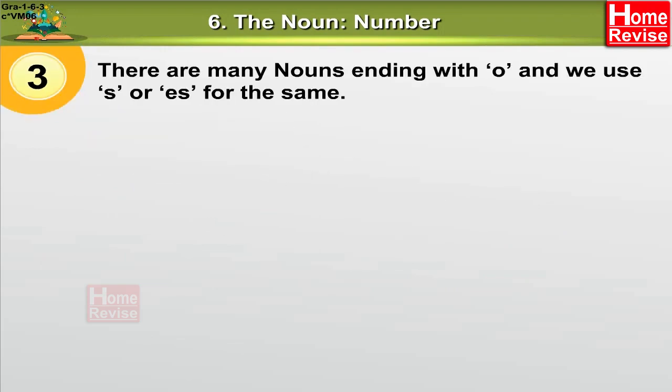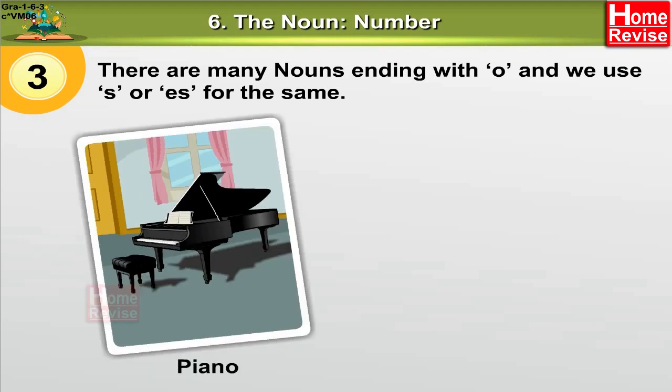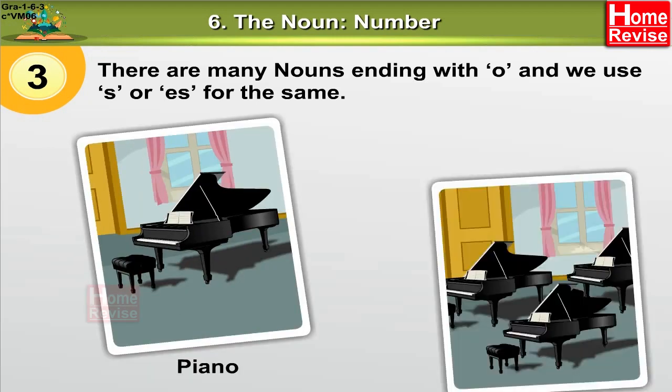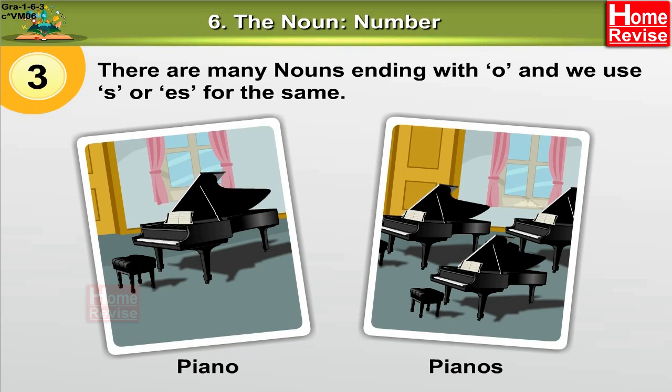Third, children, there are many nouns ending with o and we use s or es for the same. It is a bit confusing, I know, but with practice you learn them by and by, I promise. So let's see some examples. Piano, add an s, becomes pianos.